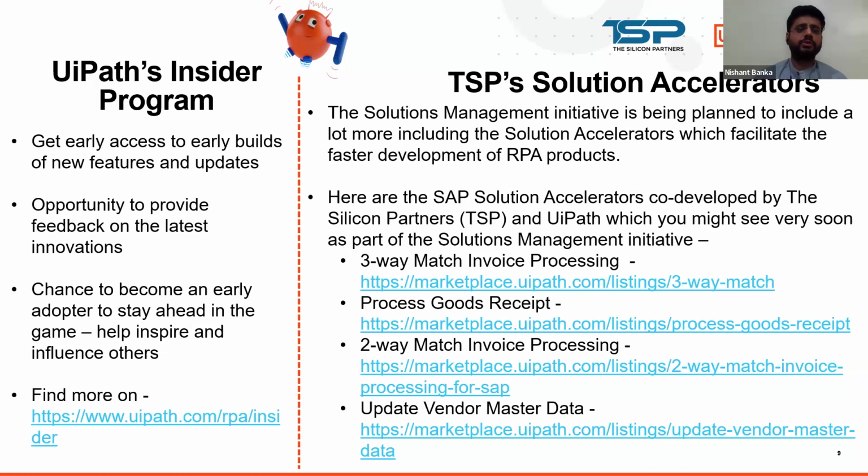It also gives you an opportunity to connect with the product managers and provide them feedback about whatever changes are being made. And this can help you become an early adopter for that product and also stay ahead in the game. You can find more on uipath.com/rpa/insider.